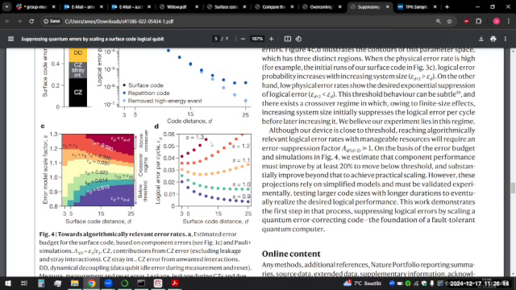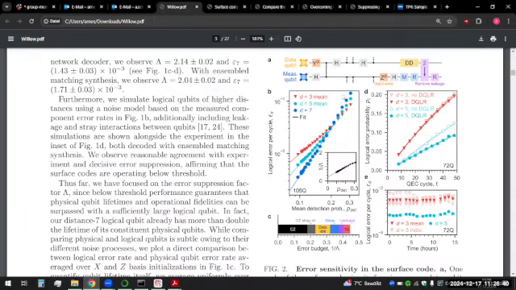For very large errors, what you end up doing is just having a small code space with very few qubits and hoping that you'll get lucky, because you can't really do error correction if you are above this threshold. That means that for large error rates, you actually need a smaller code distance. This is also what we see here, where for large error rates, the smaller code distances outperform the larger code distances.